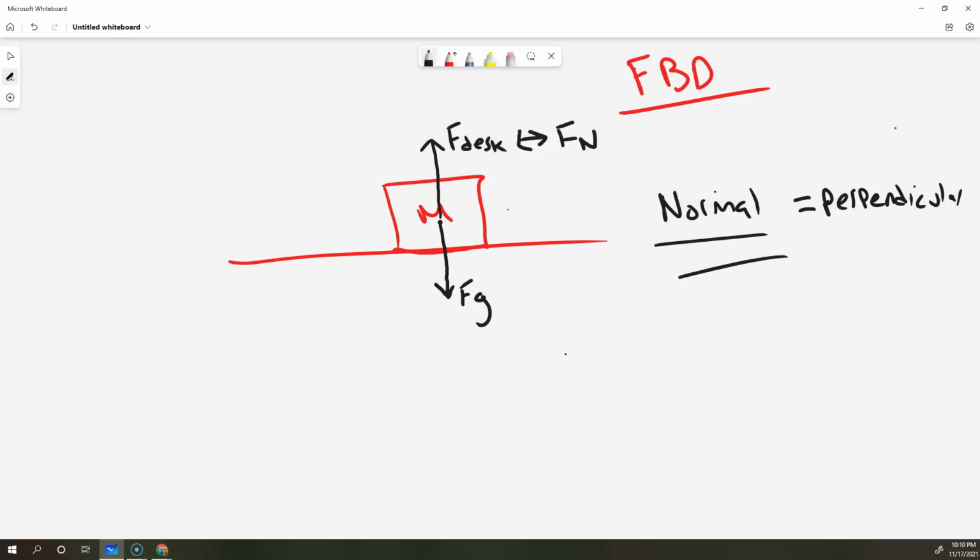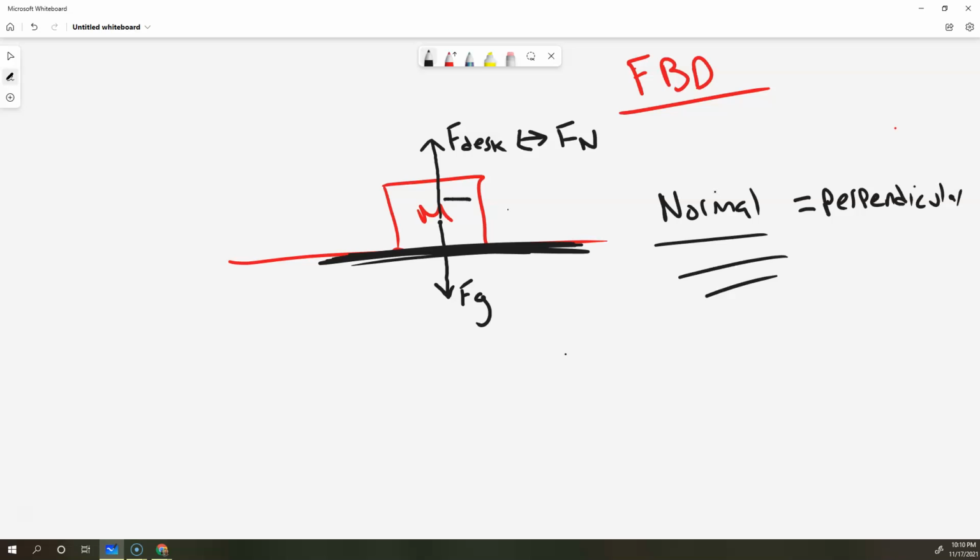So what makes this force normal is that it is perpendicular to the surface of contact. So a normal force is always perpendicular to the surfaces that are in contact with one another.